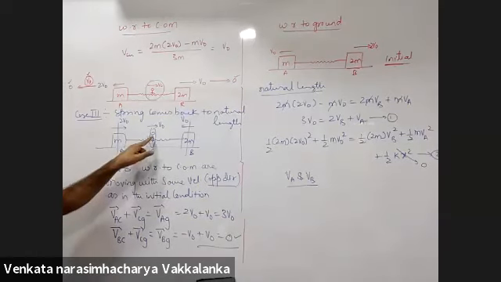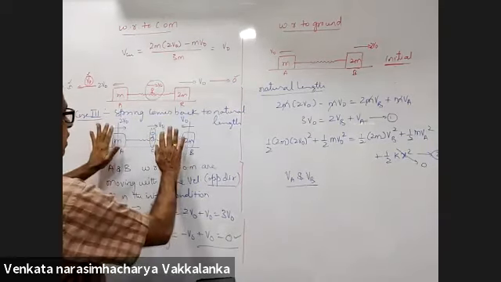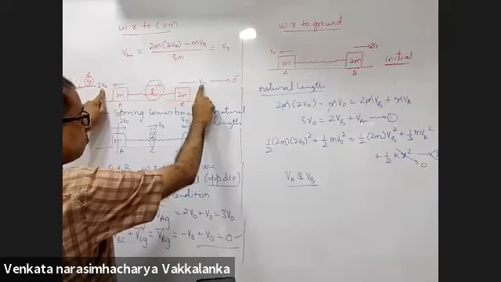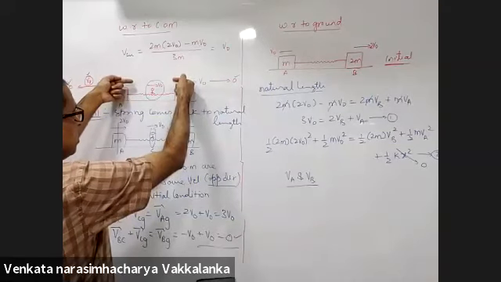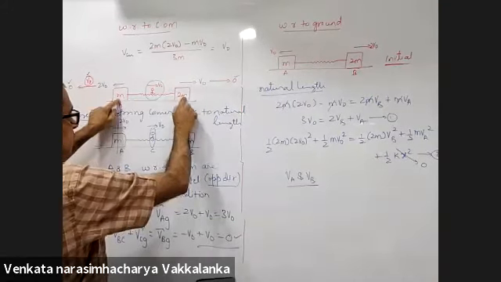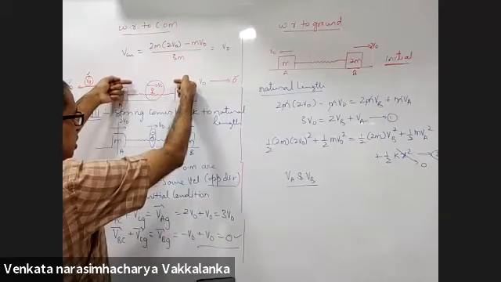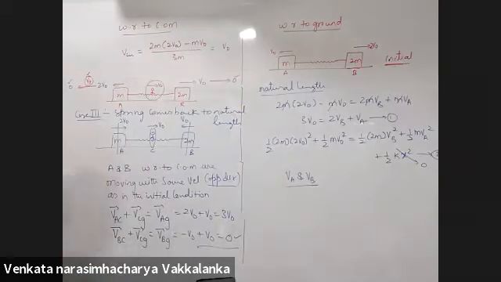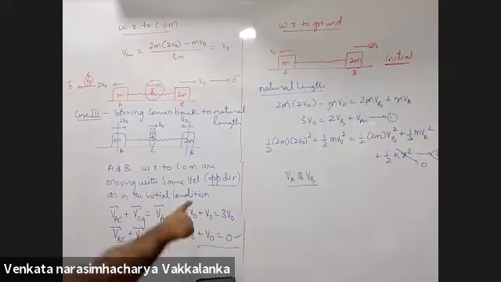Solving with respect to center of mass, natural length happens when both these masses are moving with the same velocity in opposite direction. With respect to center of mass, both the masses acquiring the same velocity in opposite direction will be the natural length. Cross verifying with respect to ground, solve that and tell me if you are getting the same answers of 3V naught and 0 or not.